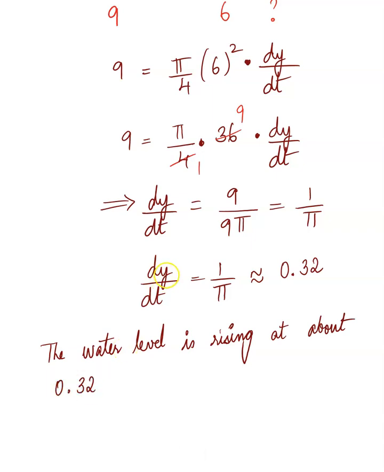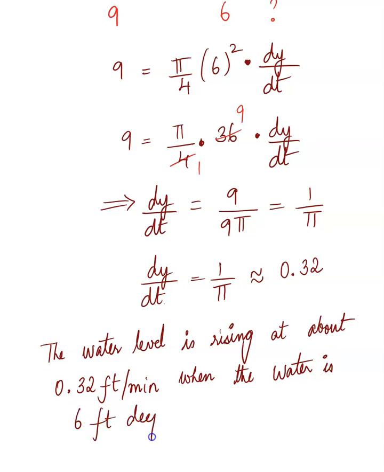0.32 dy. y is the height. Height is measured here in feet because we know that from cubic feet per minute. So it's feet over time. So feet over minute. So that will be 0.32 feet or foot per minute when the water is 6 feet deep.